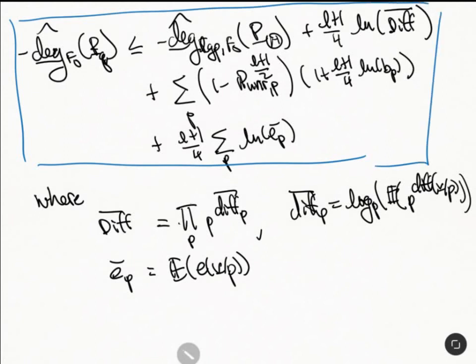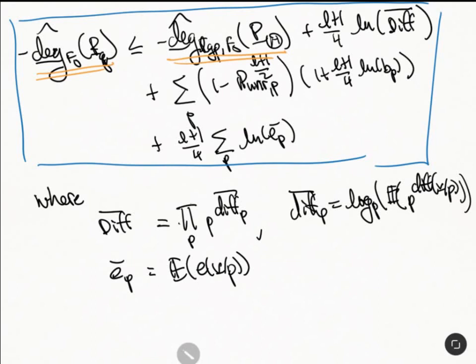This is a nice formula on its own, but we can also use the information that we have about these two quantities.